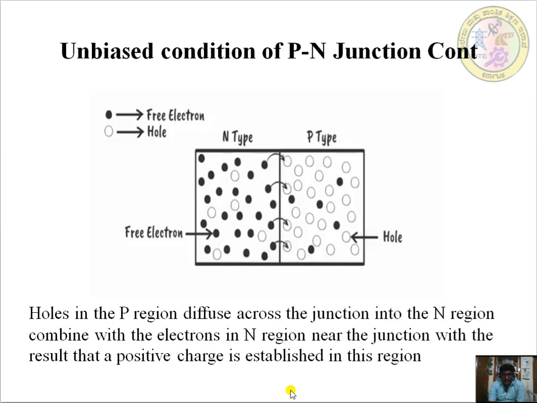Holes in the p region diffuse across the junction into the n region and combine with electrons in the n region near the junction, with the result that positive charge is established in this region. So when electrons move toward the holes, positive charge accumulates in the n-type. In the same fashion, next slide.